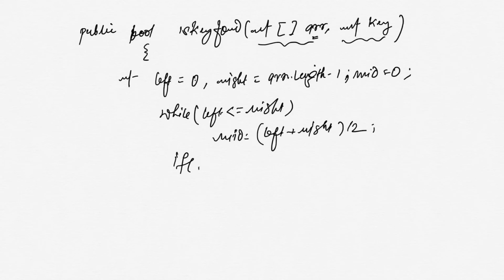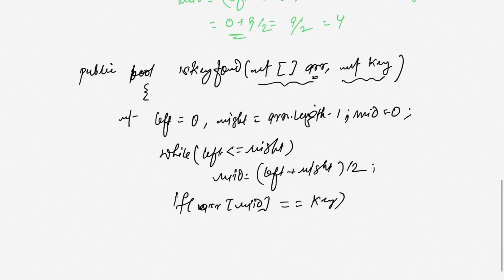And if array of mid is equal to key, here I am going to return true.